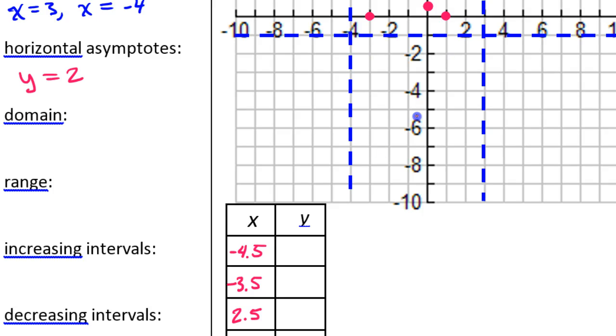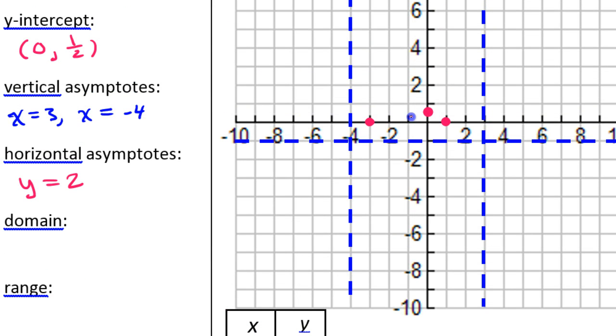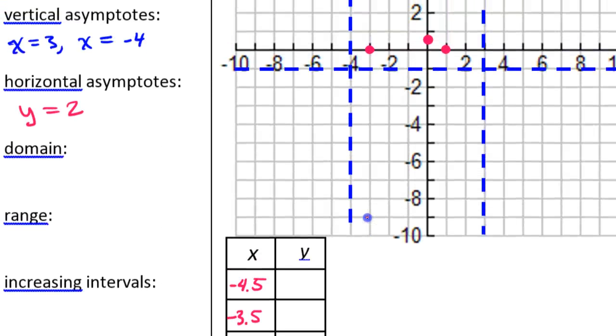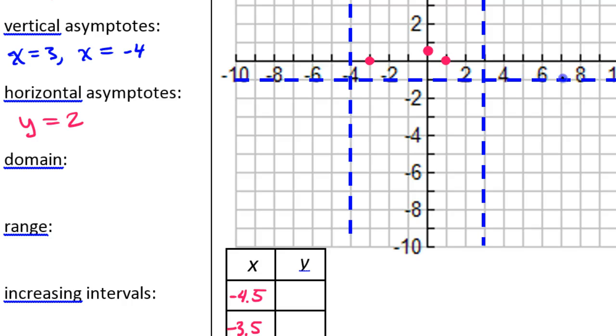Okay, I need a couple more points in this area. All right, I've got 3 points in here already thanks to my x-intercepts and my y-intercept. I think I'll just do one more. Let's see. I'll see what's happening at negative 2. Take a look at that. Okay, and I'm going to need a couple more points over here on the right.